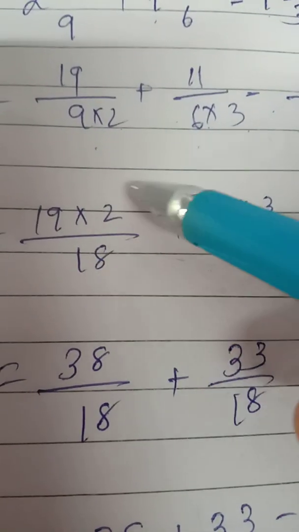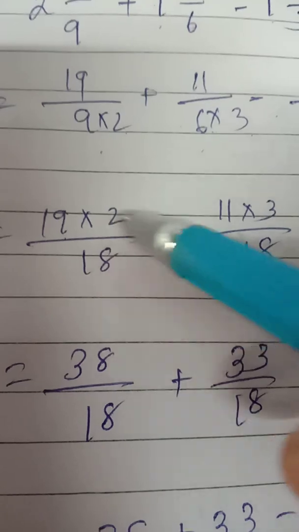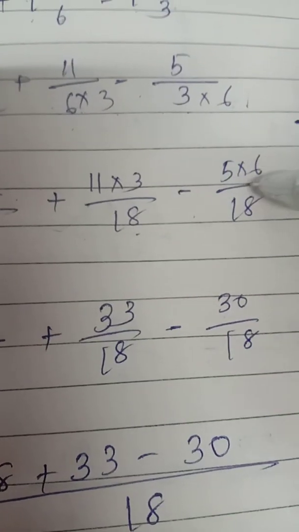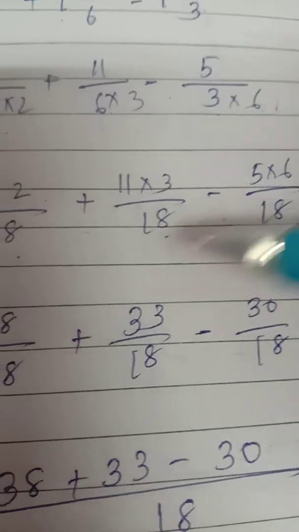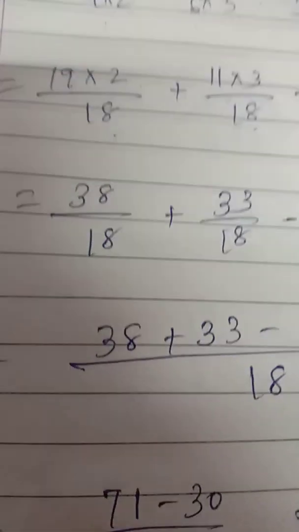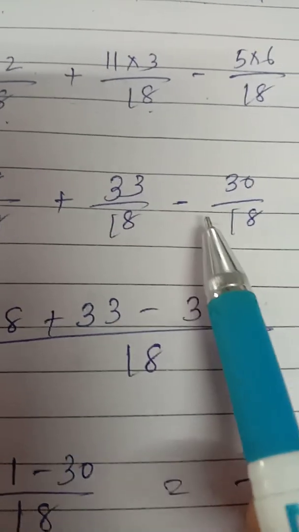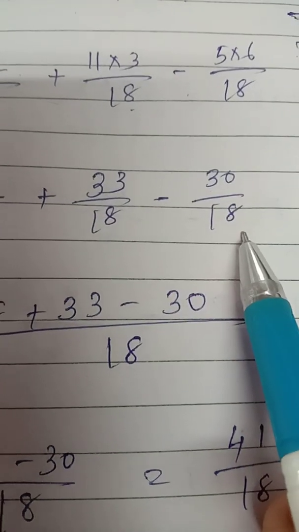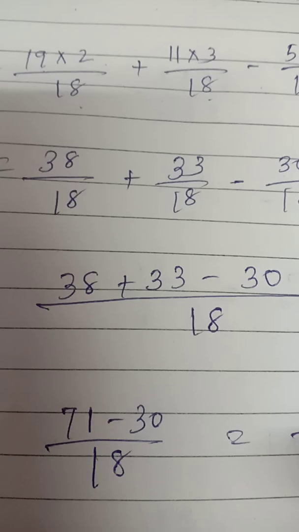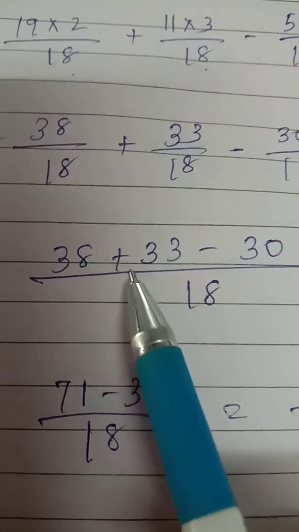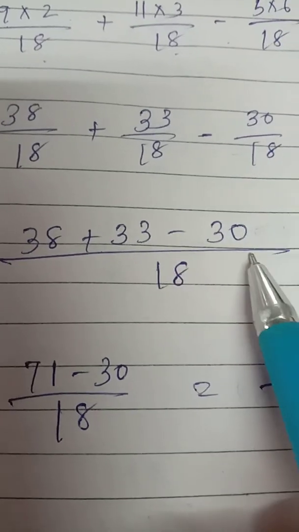Multiply both numerator and denominator, that is 19 into 2 upon 18, 11 into 3 upon 18 minus 5 into 6 upon 18. So here it is 38 upon 18 plus 33 upon 18 minus 30 upon 18. All are like fractions, so add all the numbers, that is 38 plus 33 minus 30.